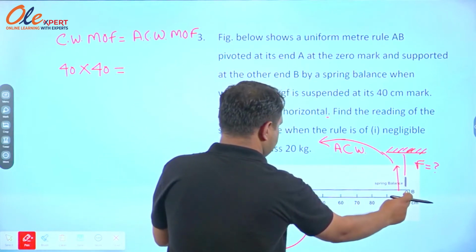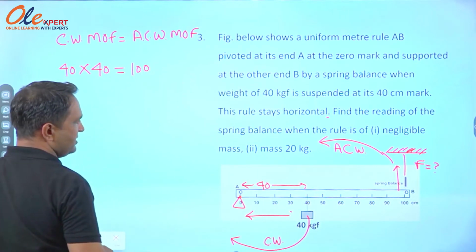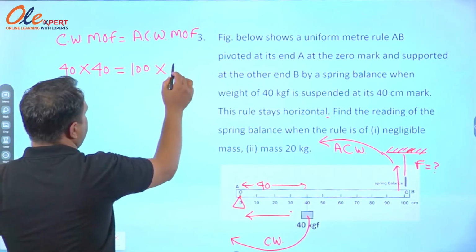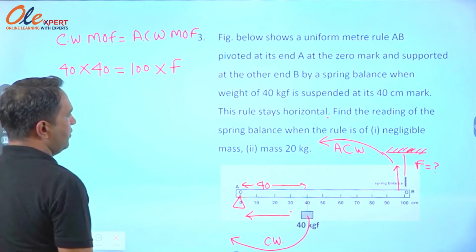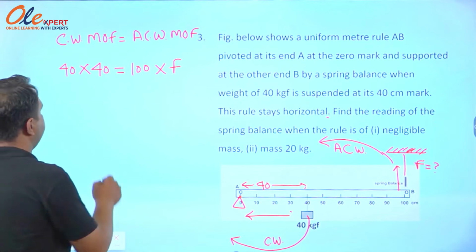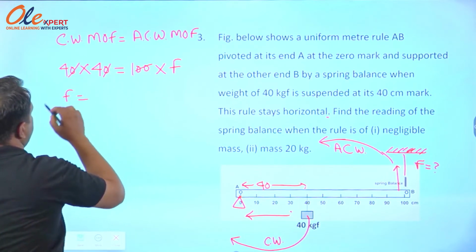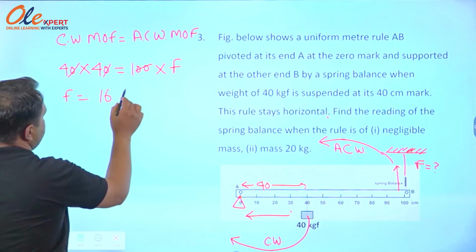The distance is 100 centimeter, and we don't know how much force will be there. So this we have to calculate. So F is equal to, these two zeros will be cancelled out, 16 gf.